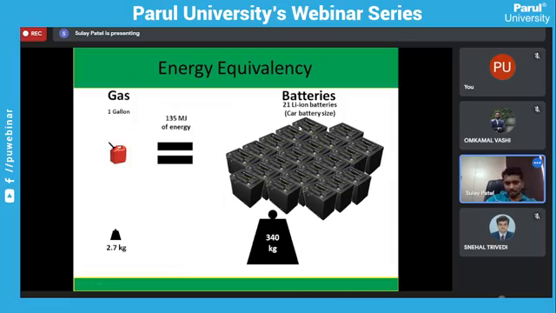We require 21 lithium-ion batteries to store this much energy, and one gallon of fuel weighs only 2.7 kg. But if we store this much energy in batteries, it will weigh around 340 kg.